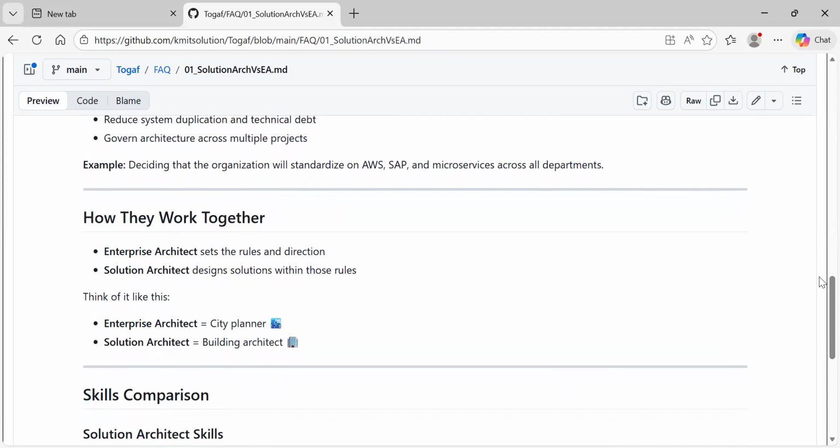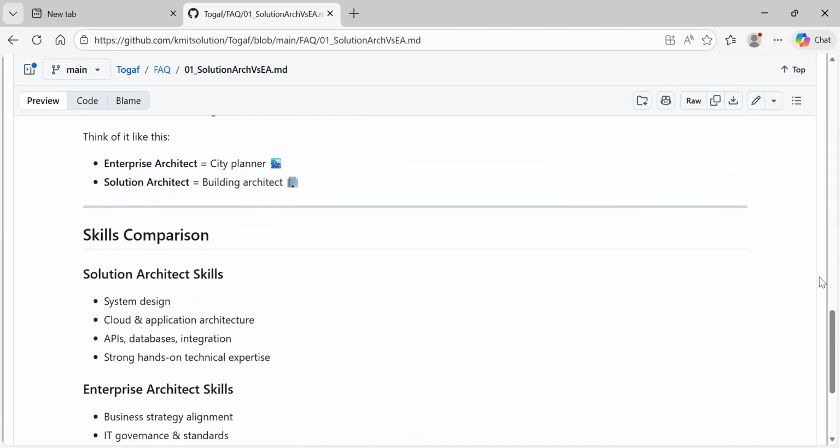Okay, so as I mentioned, the solution architect is a subset of the enterprise architect. So the enterprise architect is the city planner, and the solution architect is the building architect, right?